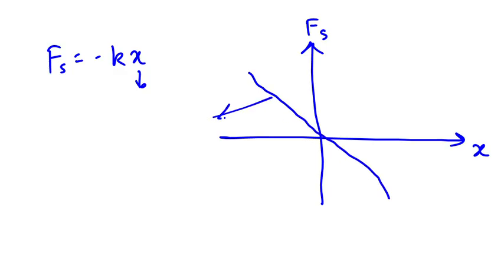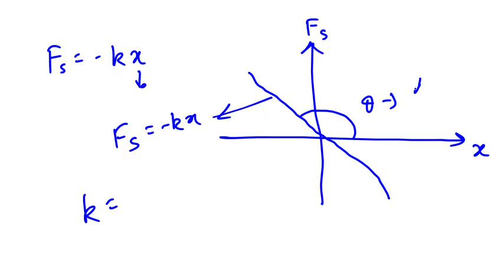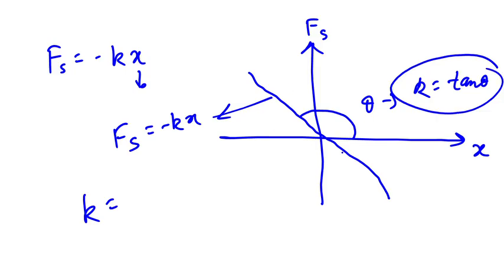Excuse my drawing. This is a graph of Fs equals minus kx, where k is the slope, that is k is the tan of this theta. This is a separate thing to discuss about graphs, but here this particular graph we are going to discuss. So this will be Fs equals minus kx.